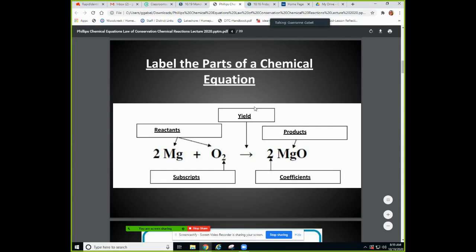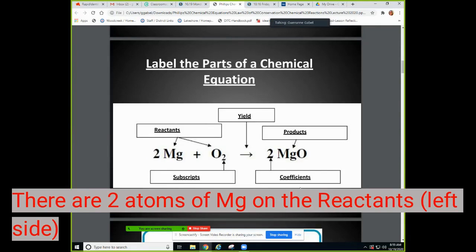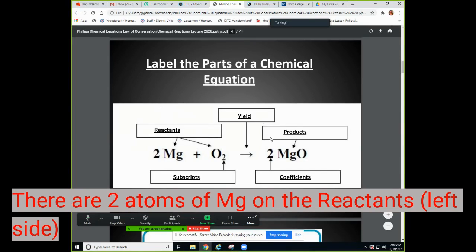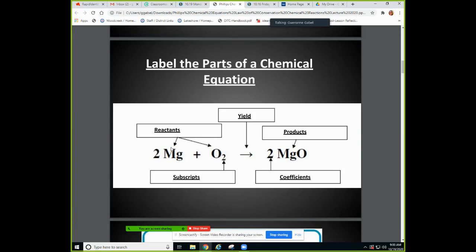When we look at this chemical equation here, I need you guys to identify the number of magnesium atoms on the reactant side. How many atoms of magnesium are on the reactant side? Tell me how many atoms of magnesium are on the product side. We identified that there were 2 on my reactant side, but how many are on my product side?